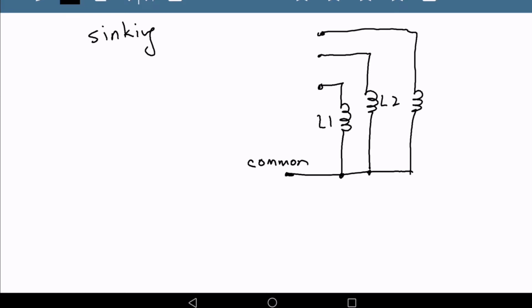Okay, so when common is connected to negative of your power supply, means you need to energize or light up your L1 using positive. That's all. Right. To energize this, you need positive.